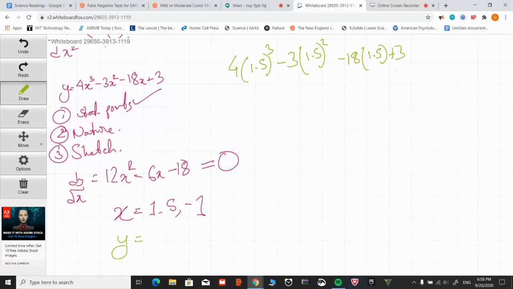So এইটা কত আসে আমাকে একটু বলো. Minus 17.25. So minus 17.25, আর minus 1 বসাইলে কত আসে?